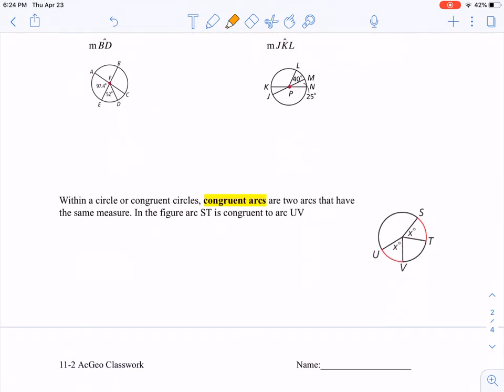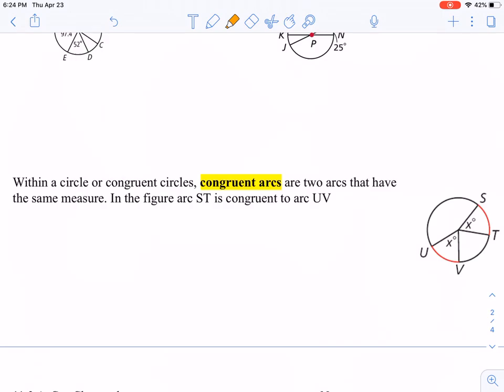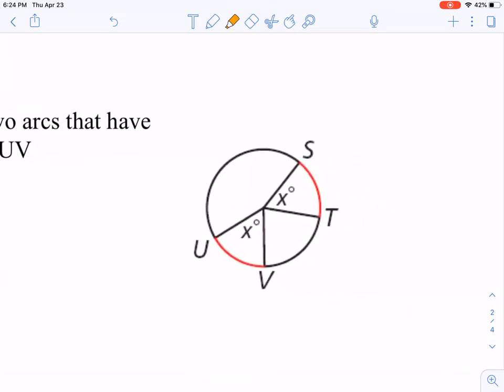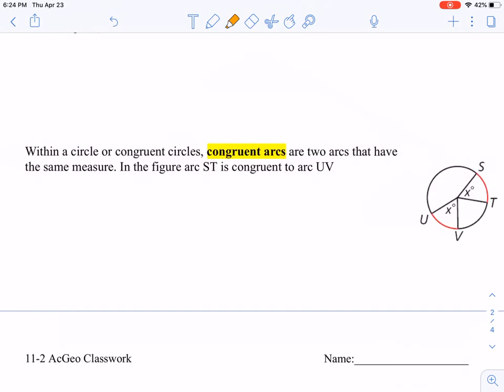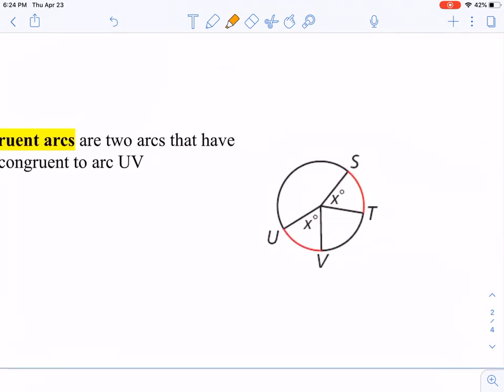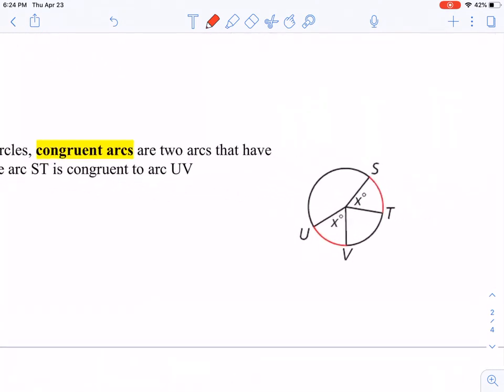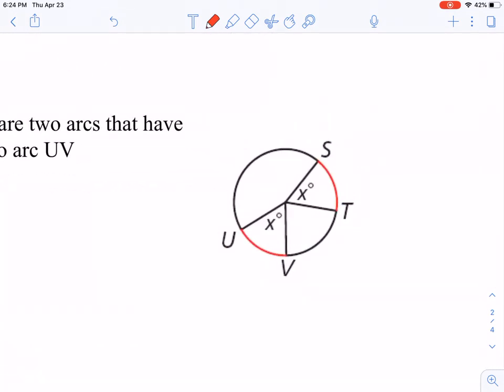Moving our way through, we have congruent arcs. Within a circle or congruent circles, congruent arcs are two arcs that have the same measure. So if we look over here, we know that these arcs have the same measure because they have the same central angle.